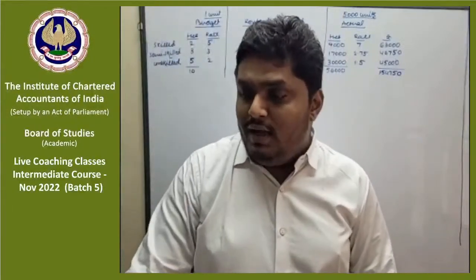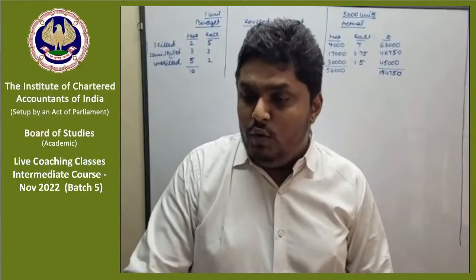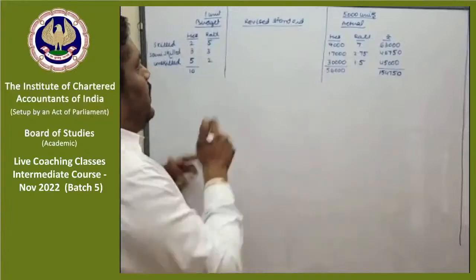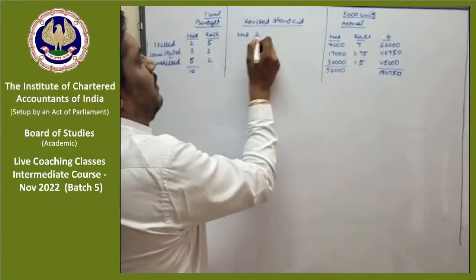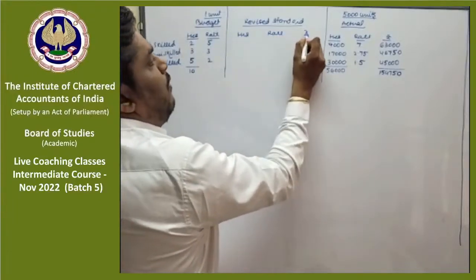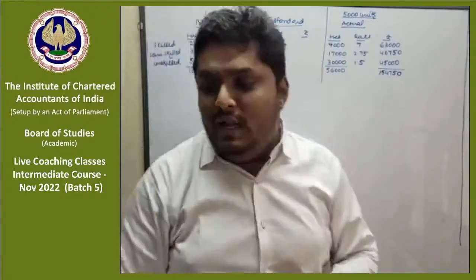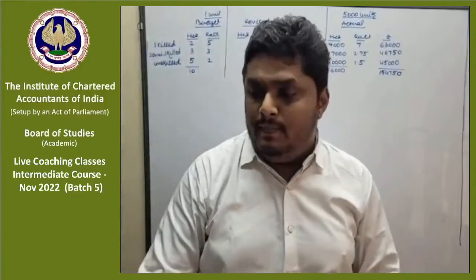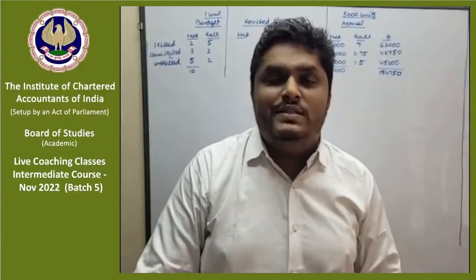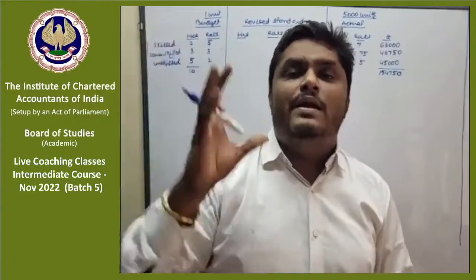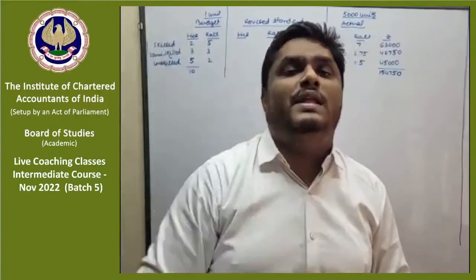Can anyone help me out with what will be the revised? Very good, I have got the answers now. Most of you guys are thorough with the concept. So can you help me out with what will be the revised quantity for skilled, semi-skilled and unskilled? Just think that it is not a labor variance, it's just a material variance.